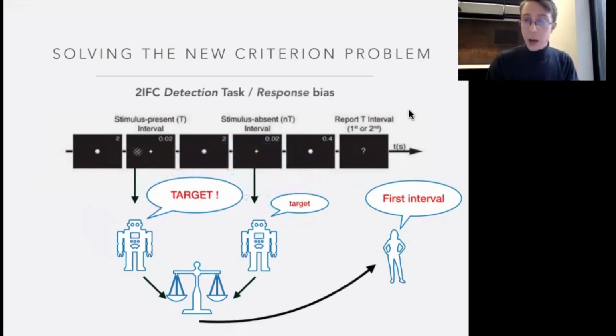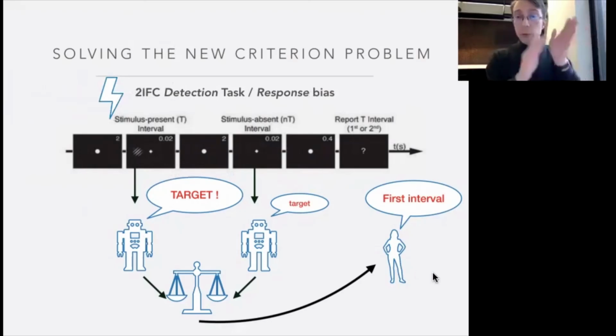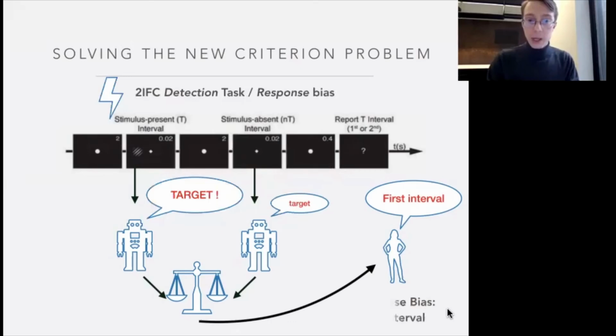Now let's imagine what happens in the case in which you have a response bias. A response bias will lead you to answer with whichever interval had the highest level of pre-stimulus excitability. So in that case, you'll have a response bias to answer first interval.